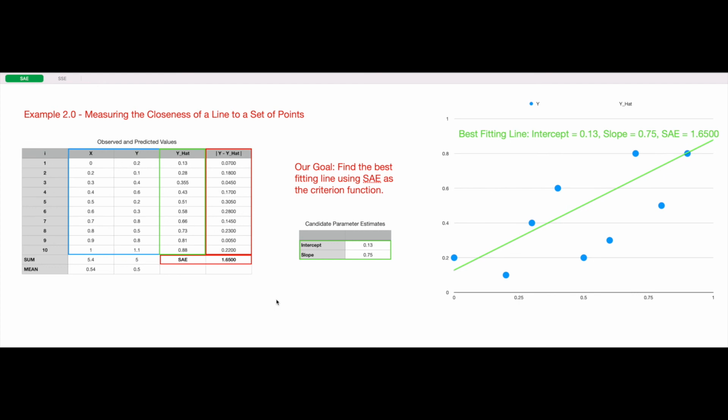I think it's pretty clear that this process is or could be fairly time consuming. It doesn't scale well. If we had more than one explanatory variable, it would become extremely difficult, if not impossible, to do this.